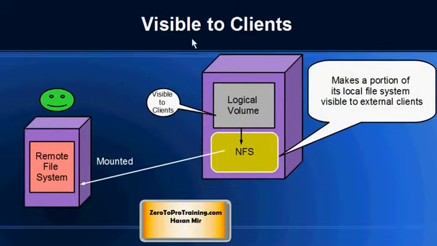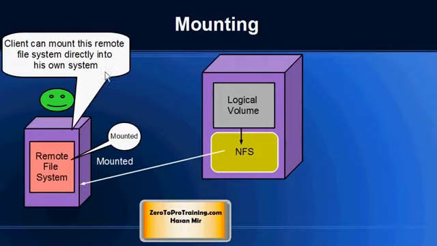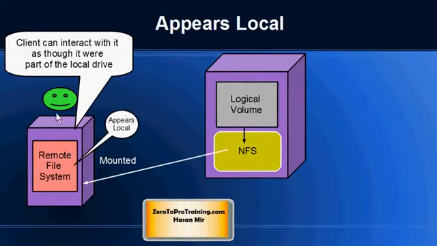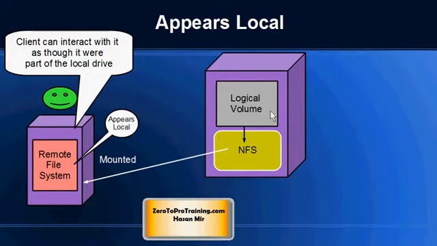In this example, this machine is the server and this is one of the clients. Client can mount this remote file system directly into his own machine. This way the client can interact with the file system as if this was part of his local file system. In other words, this file system which is residing on a server will appear local to the client.